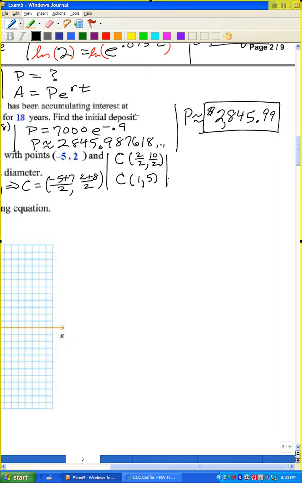Okay, so therefore, the equation of my circle with center h, k is as follows.